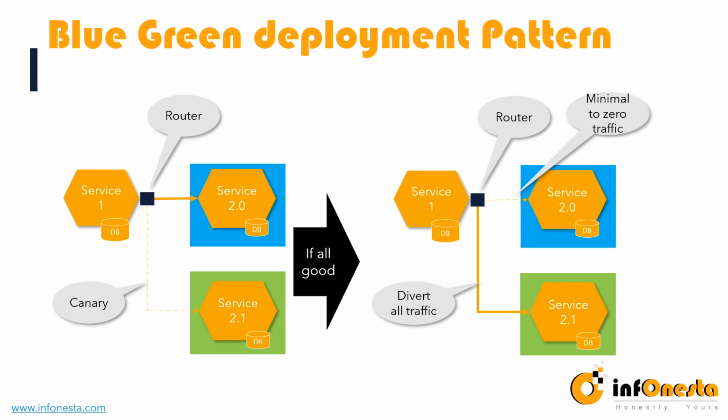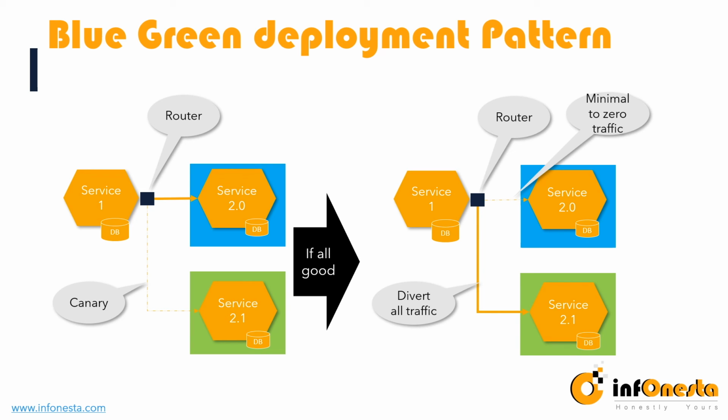So, the employees or the pilot consumers here are canary. The router diverts some traffic to specific consumers. This gives them time to fix any issues, and once fixed, then the rest of the traffic can be diverted to the new service. This is called blue-green deployment or canary deployment.